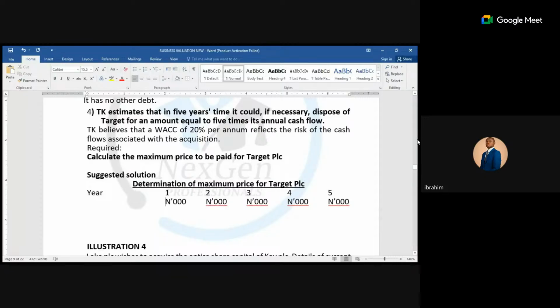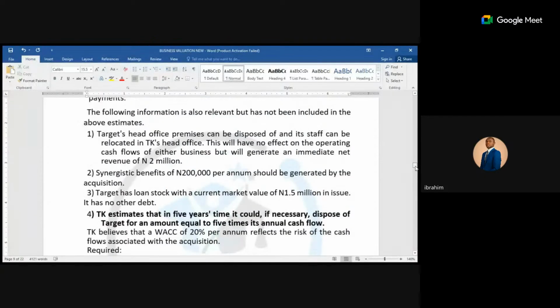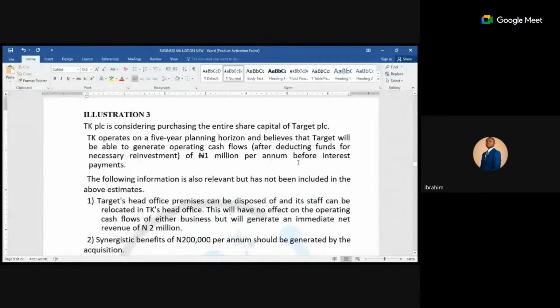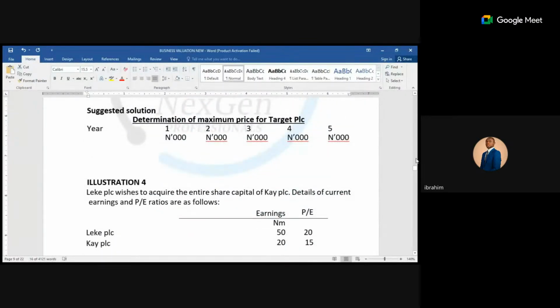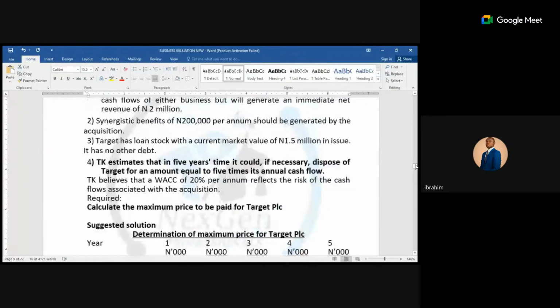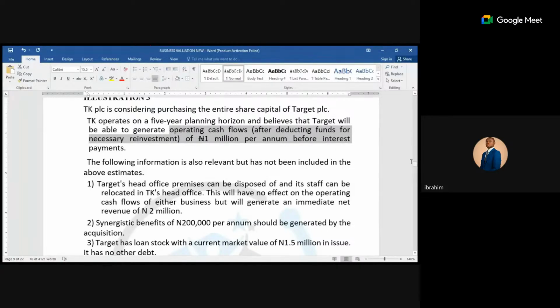Now, what are the relevant cash flows? First one is operating cash flow. After deducting funds and necessary reinvestment, I have the 1 million. The 1 million per annum.